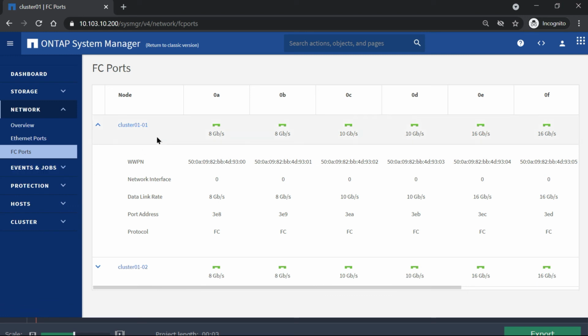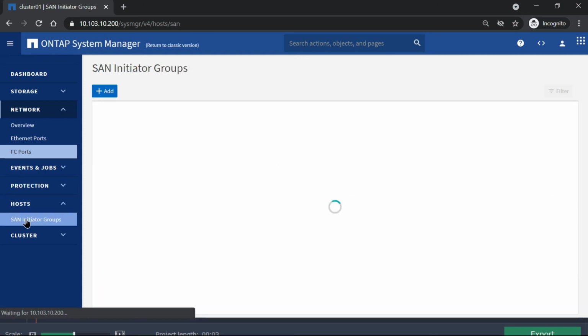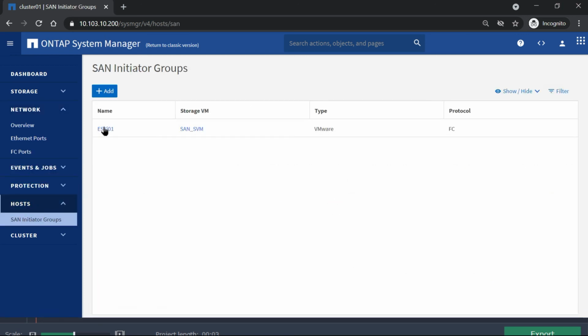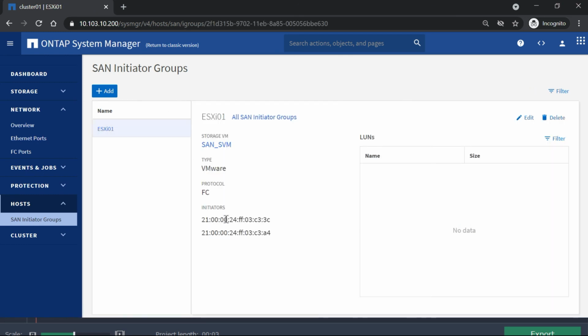Events and logs, and jobs, sorry, the hosts. These are the SAN initiators. We have a single host identified here, registered here, ESXi1. Again, we have the initiator addresses or WWNs, and no LUNs for now are assigned to this host. If we had LUNs assigned or mapped to that host, we would see them listed.